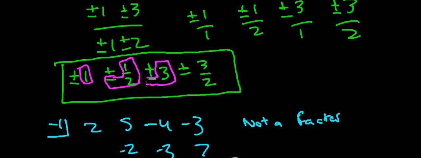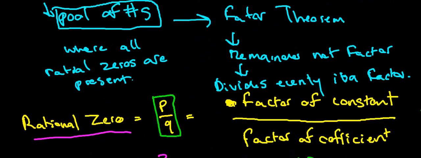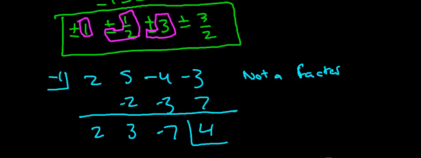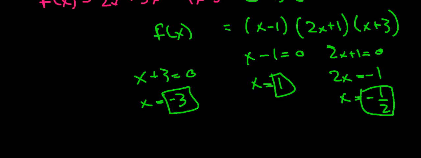So we can see that all the possible zeros were there. And we had all these other ones that weren't zeros, but at least all of our zeros were there. So that's the basic idea of this theorem: it finds us the pool of possible numbers, and from there we can test those randomly until we get enough zeros to get down to a quadratic equation and use the quadratic formula.